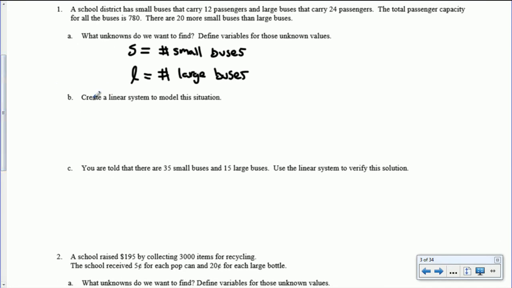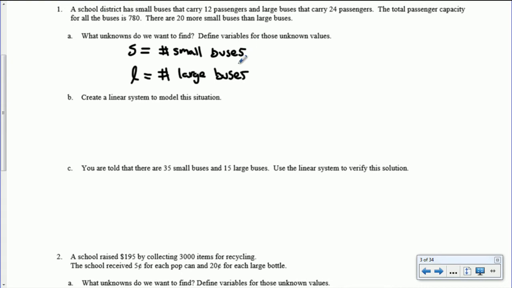So okay, create a linear system to model this situation. This is where we need to take the English information and transfer it into math information. So small buses carry 12 passengers, large buses carry 24. And the total passenger capacity is 780.